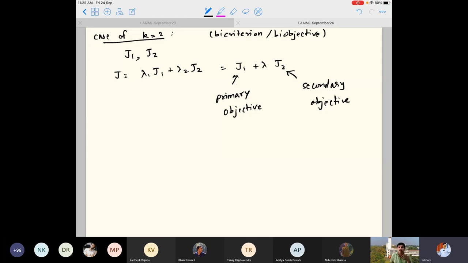So your first important task is to force J1 to go to 0, and the secondary task is to force J2 also to go to 0, or to its minimum value, as much as possible. That is what you are really trying to do, and these are the types of things that you will really see. I'll consider a couple of examples where these things come into the picture, and when I talk about these examples, we will see how these things fit in.